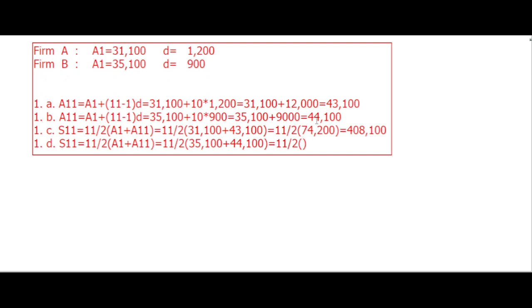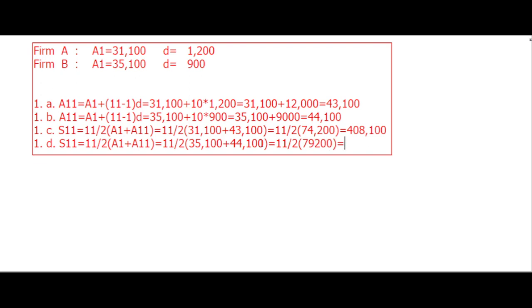Let's add these two: 35,100 plus 44,100, the sum of these two will be 79,200.